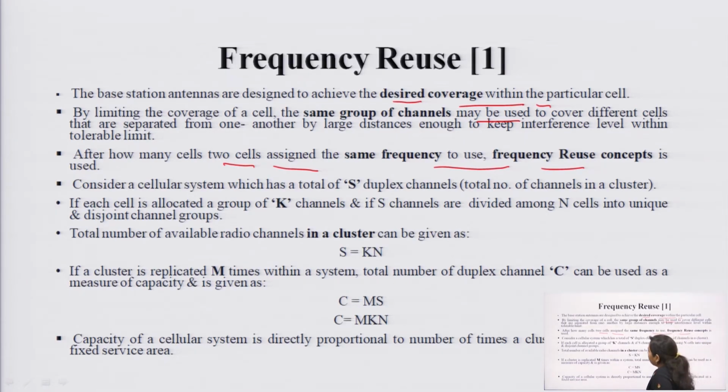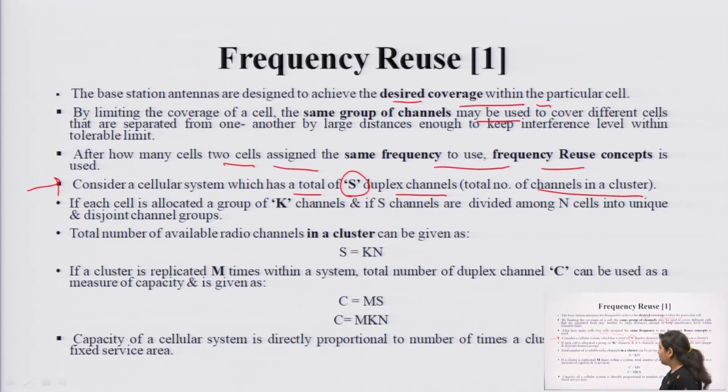So, consider a cellular system. From here onwards we are going to derive which two particular cells have to use the same set of frequencies. Consider a cellular system which has S duplex channels. S duplex means the total number of channels in a cluster, because if it has one pair, that means 2 channels, 2 pairs means 4 channels.